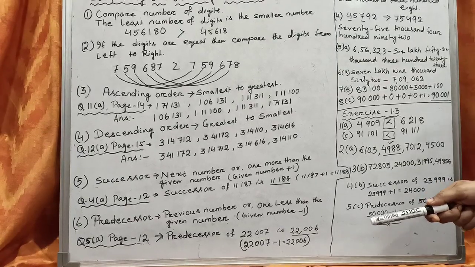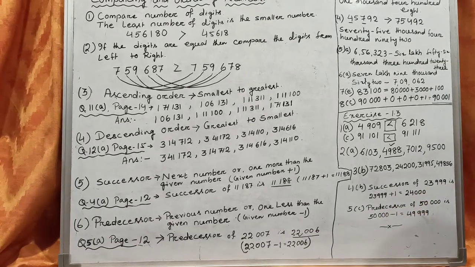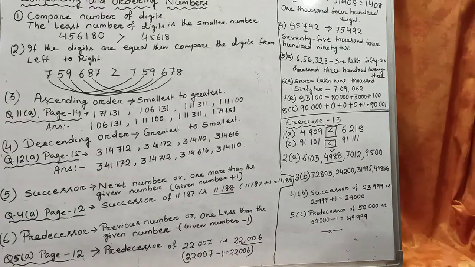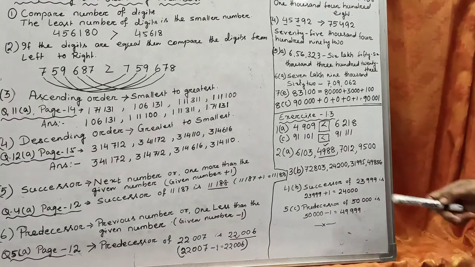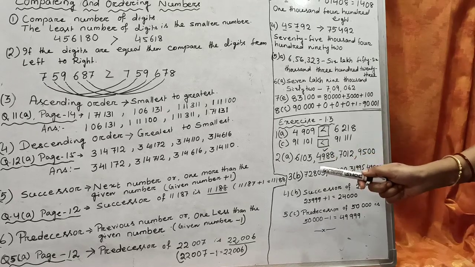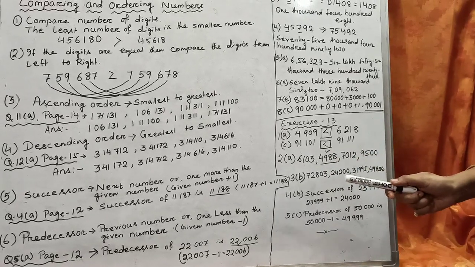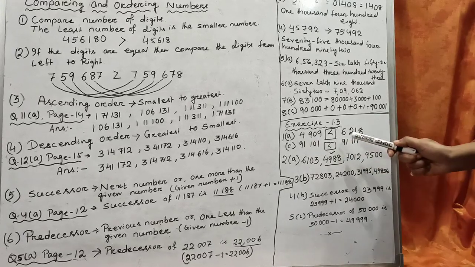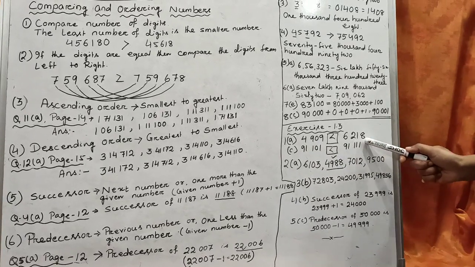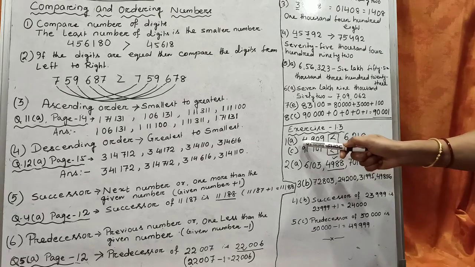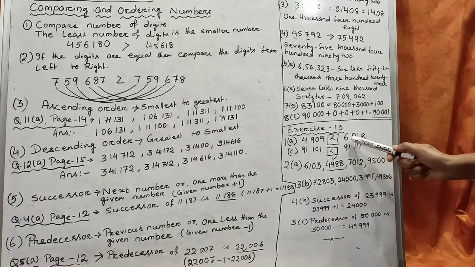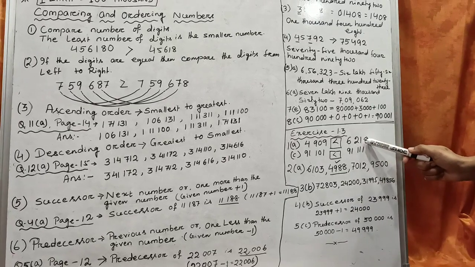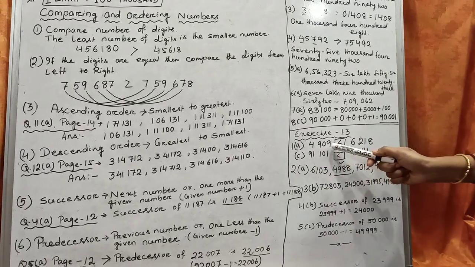Now come to exercise 1.3. In this exercise, question number 1A, it is given, compare the numbers. Here in 1A, 4,909, and this one is 6,218. In the thousand place, here is 4, here is 6, so 6 is greater than 4. So this number 6,218 is greater than 4,909.